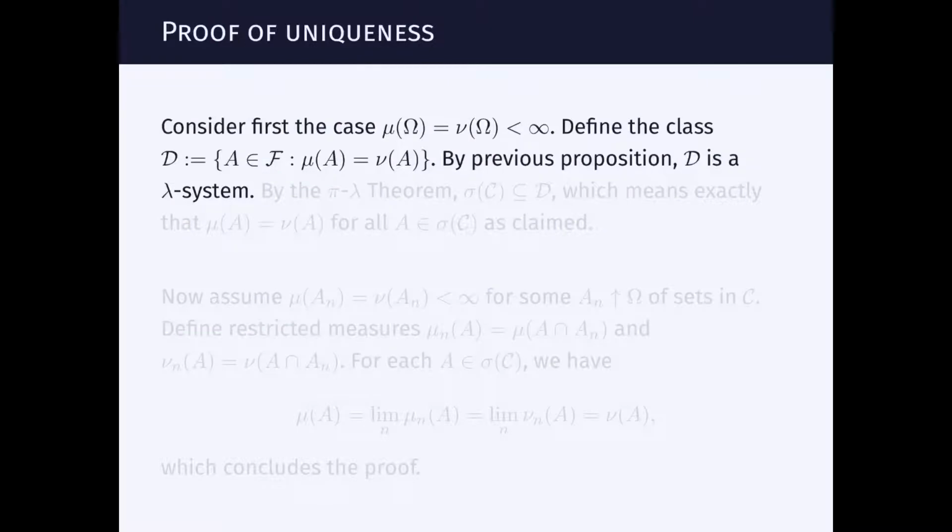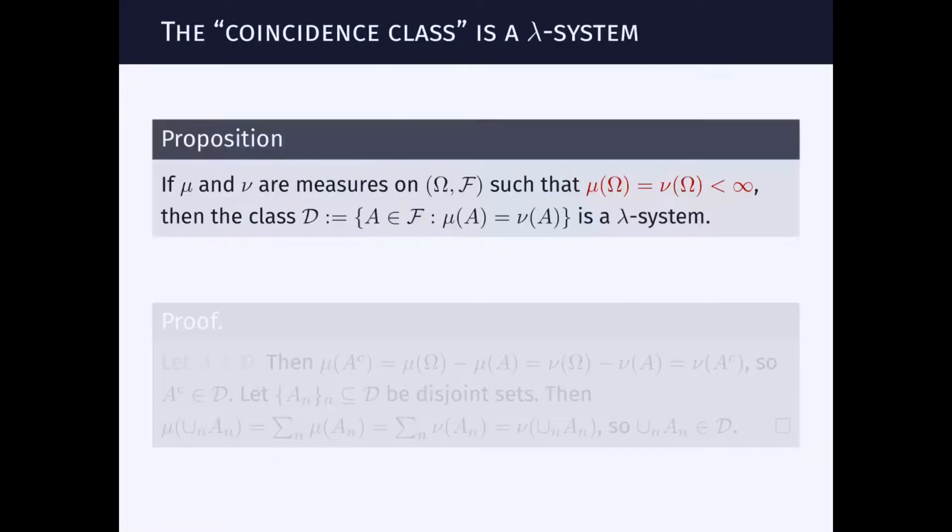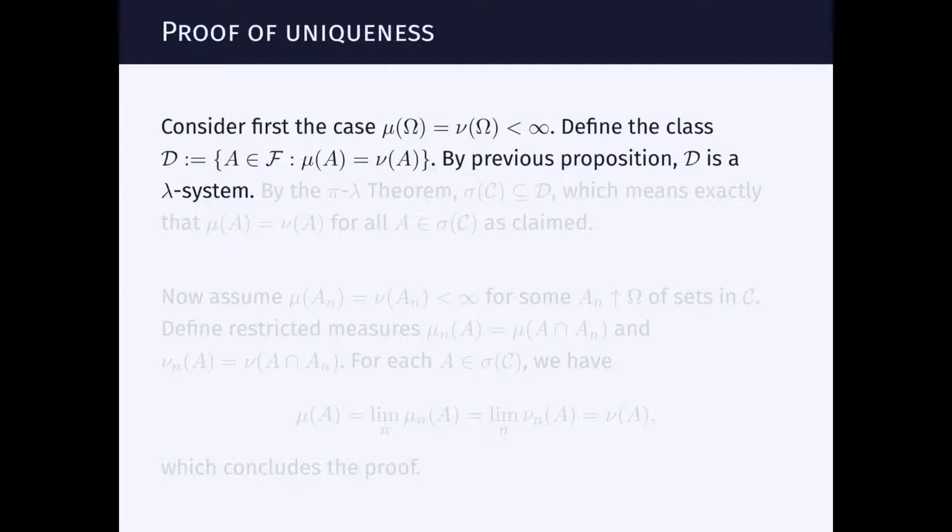So here we are defining this class formally. That's the class of sets that have same measure mu and nu. And by the previous proposition, and here it is, this class is a lambda system under a certain assumption, which is exactly the same assumption that we are making here.